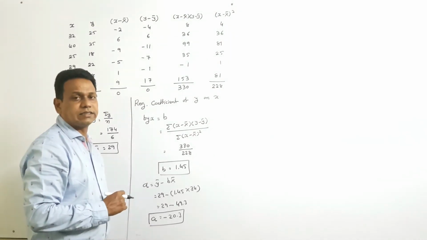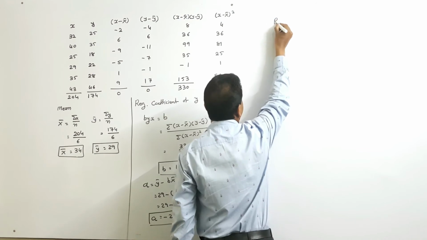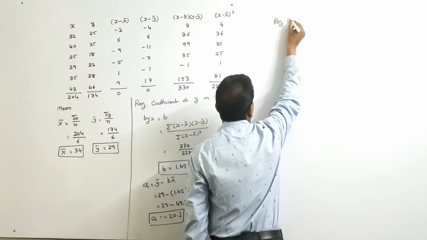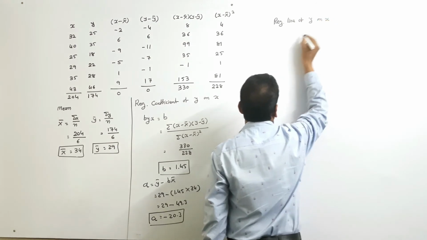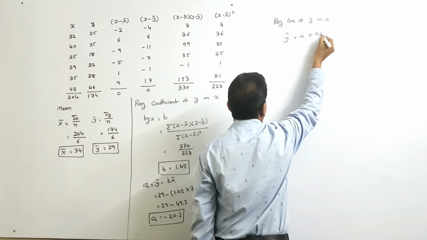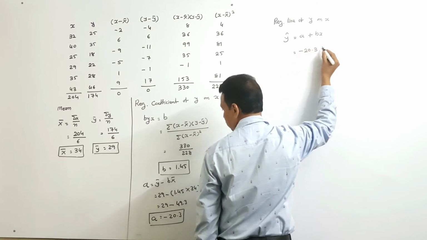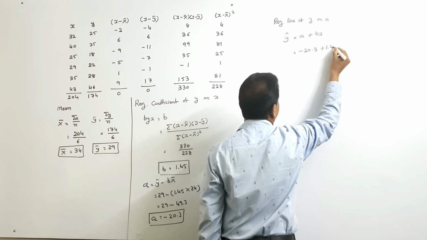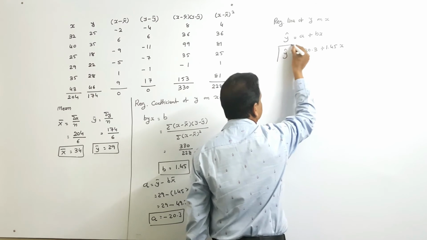It is called the intercept. अब देखते हैं regression line of y on x. It is called y cap is equal to a plus bx. So a की value minus 20.3 plus b you have 1.45 into x. So this is your equation.